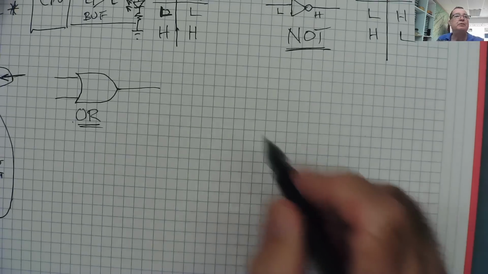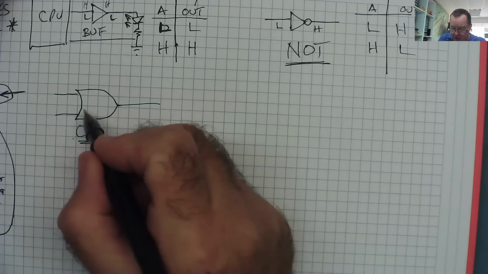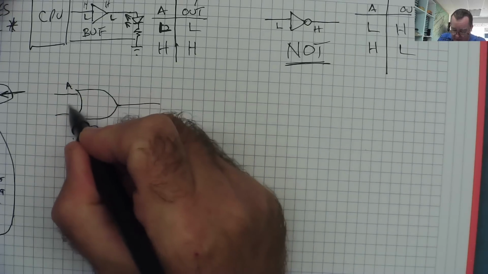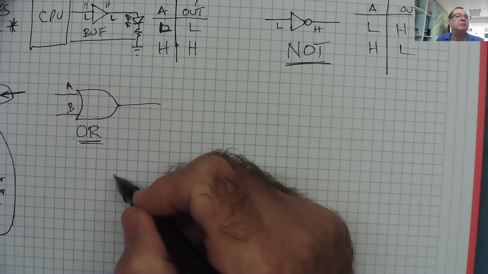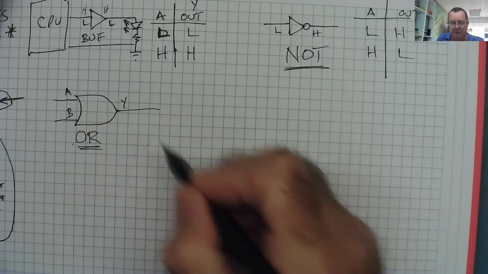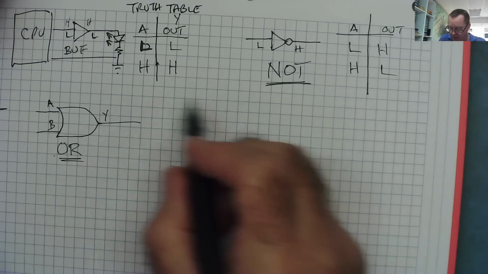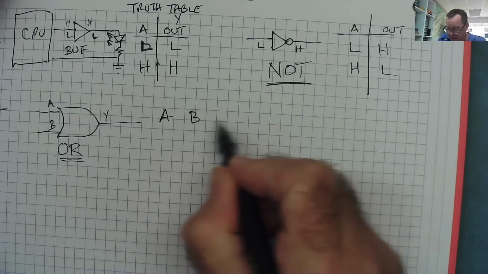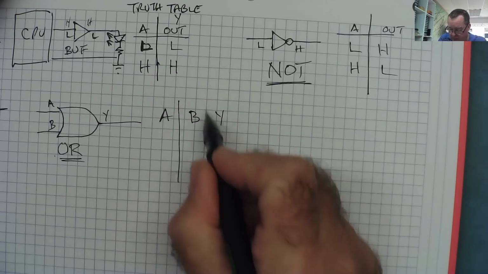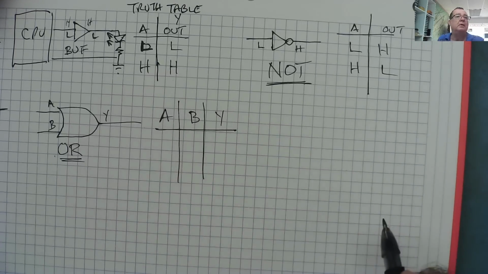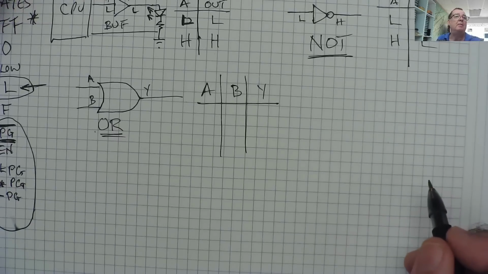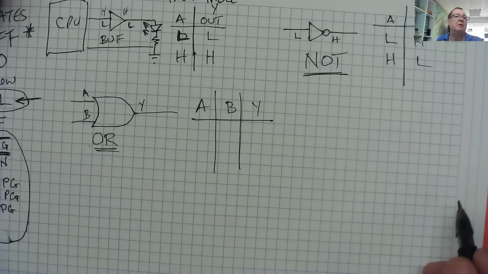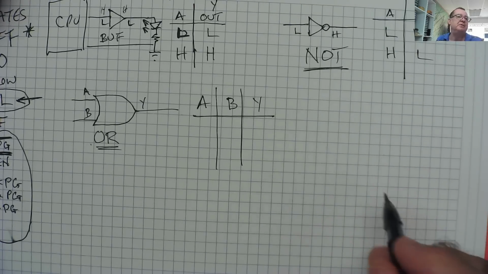Okay? Truth table. We now have 2 inputs, A, B, and we have an output. Shall we call it Y? Because it's commonly done that way. We could call it out. A, B, Y. Okay? How many possibilities are of the input? Well, there's not 2 possibilities.